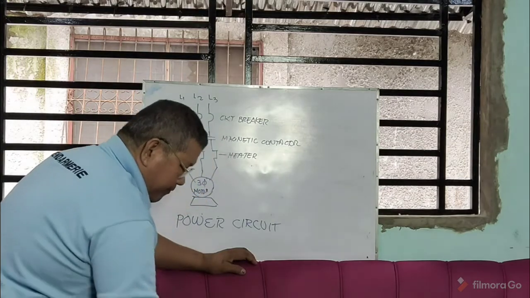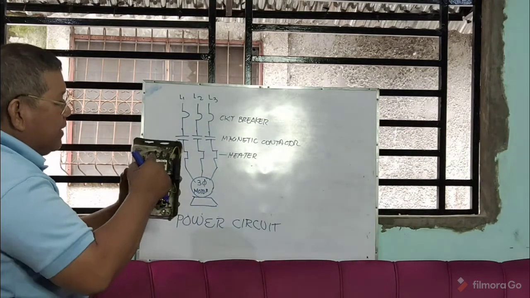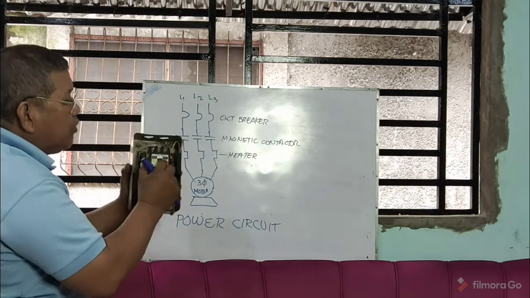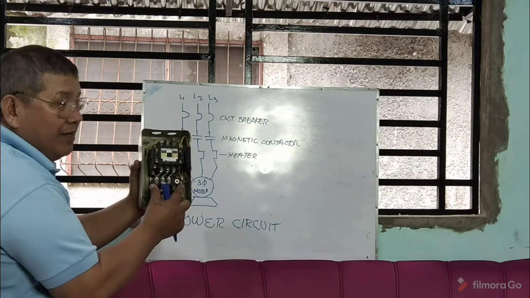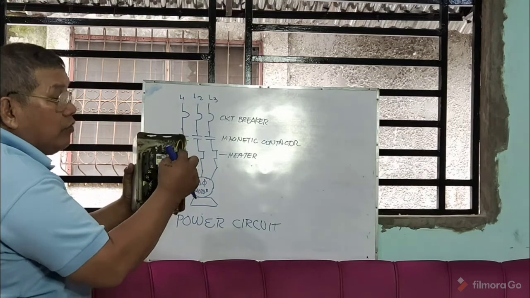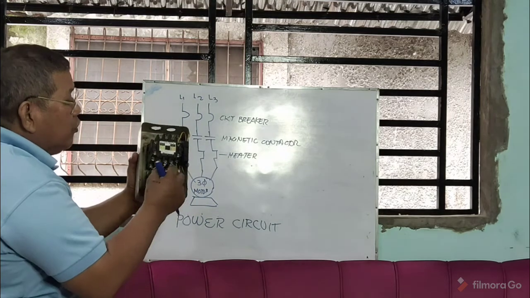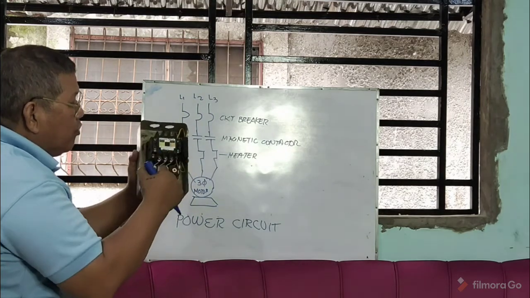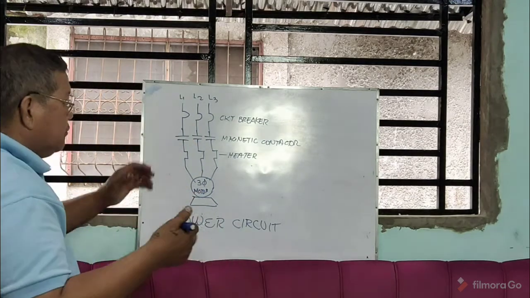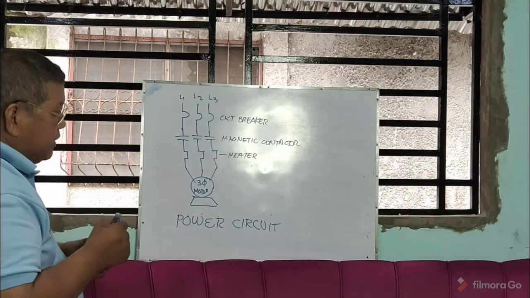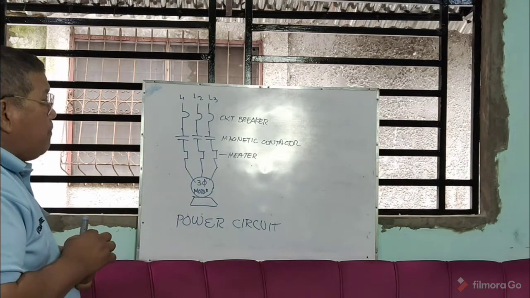For instance, this one. This is the magnetic starter. So you have your magnetic contactor, you have here your overload relay, and then, of course, you have your push button here. There is a cover. So you have your magnetic contactor, your overload relay, and your push button. Okay? So that is what we call a simple connection of the power circuit.